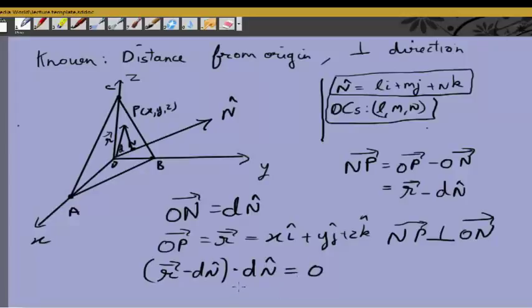This is equal to 0. This vector dot this vector. Right. So obviously the dot product of this is 0. This comes out to be d times r dot n cap minus d squared, because n cap dot n cap is 1. This is equal to 0. d and d cancel, which gives me r dot n cap is equal to d.